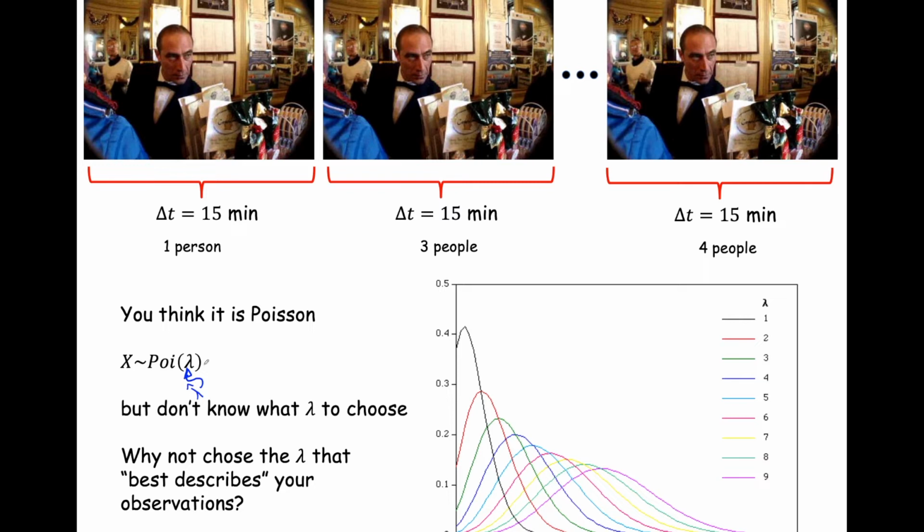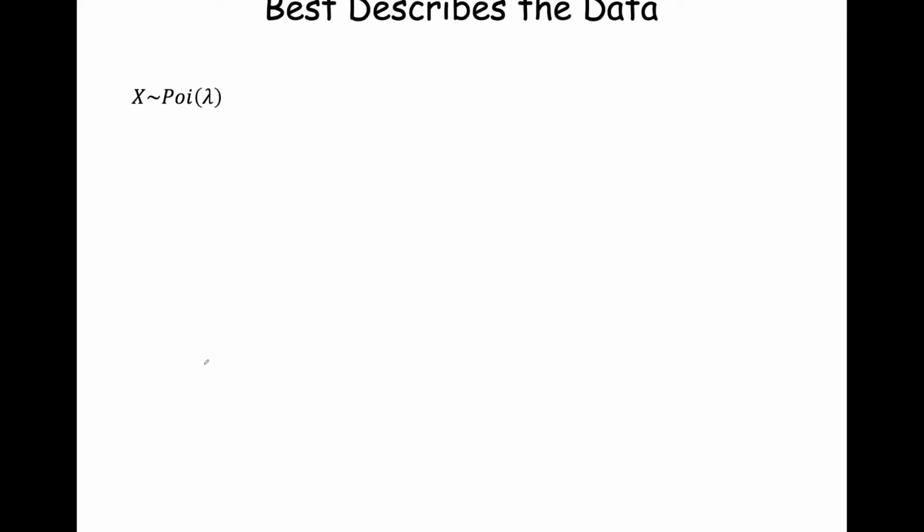So if you're going to choose some replacement, why not choose some lambda value that best describes the data that you've seen, this data that you've measured from, say, Mr. Bond? Okay. So lambda is distributed as Poisson, and we're going to examine in more detail what this idea of best describes the data means.